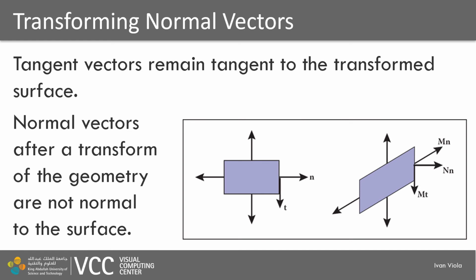The next interesting aspect which occurs in 3 dimensions is the transformation of normal vectors. Normal vectors should be transformed in a correct way, and sometimes they do not transform correctly. If we are transforming with, for example, a shear, as we can see here, this is the original input object, and we transform it.